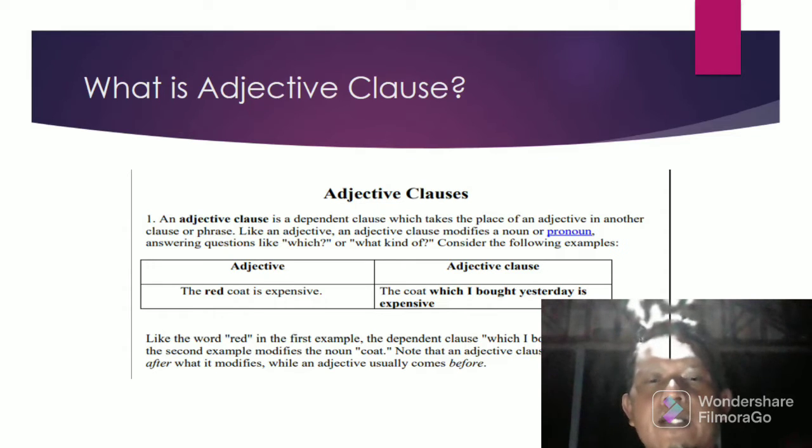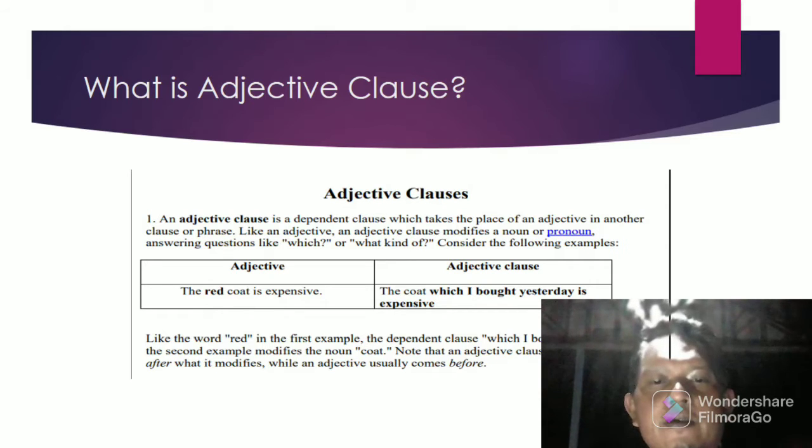While the adjective usually comes before the noun, the adjective clause comes after the noun or pronoun.